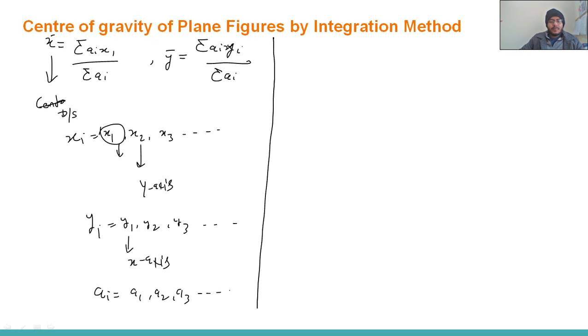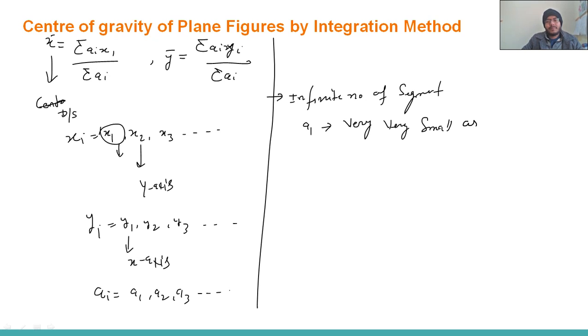So suppose we divide the area into a number of segments and n is infinite. It means we will divide the area into an infinite number of segments. So what will happen? The a1, a2, a3, a4, a5, all will be very small areas.